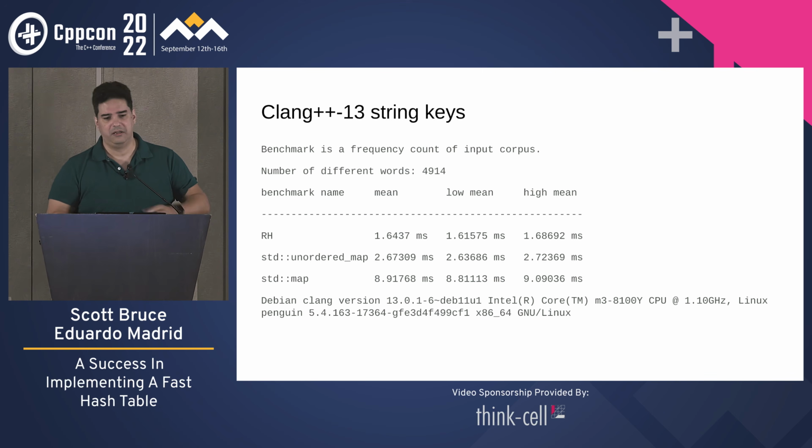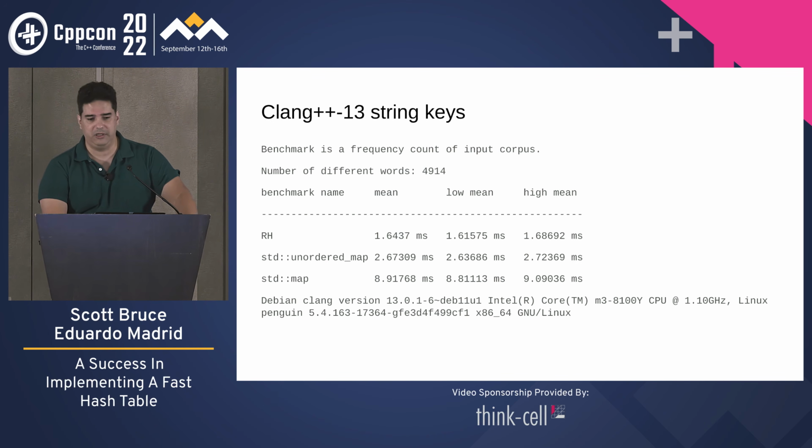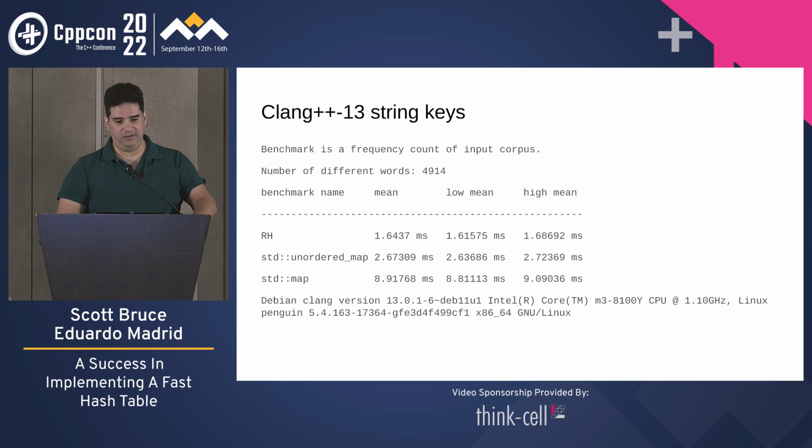So let's give it an example. Let's say that we have The Turn of the Screw, a novel that I like, we just get the English words in that text and run them through the histogram generator. And we see that on average, the Robin Hood implementation is substantially faster than the unordered map.